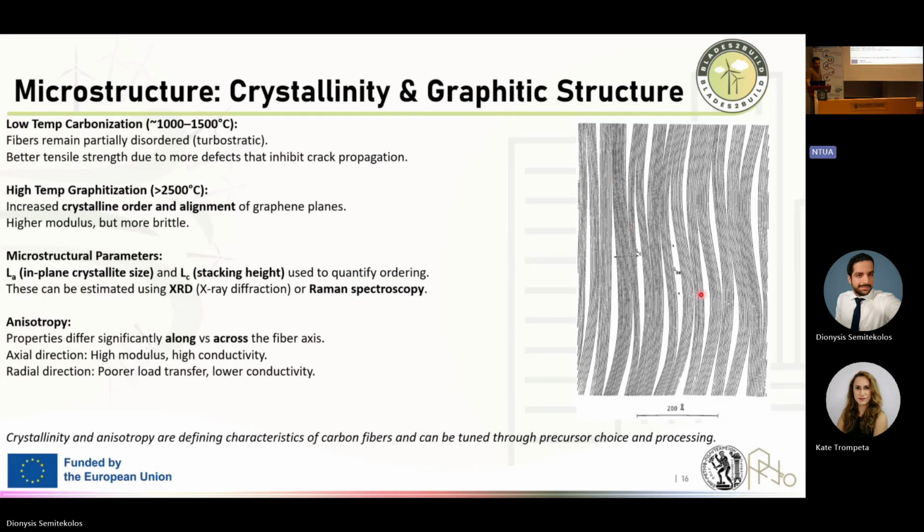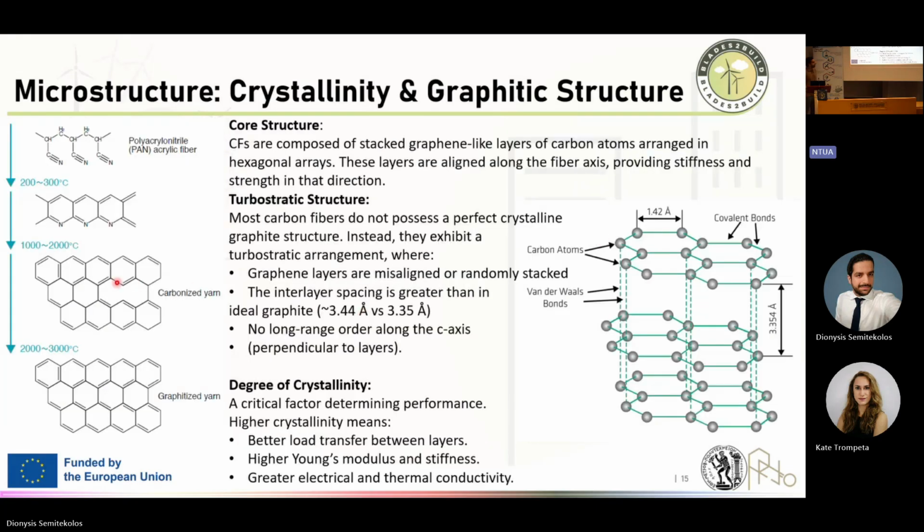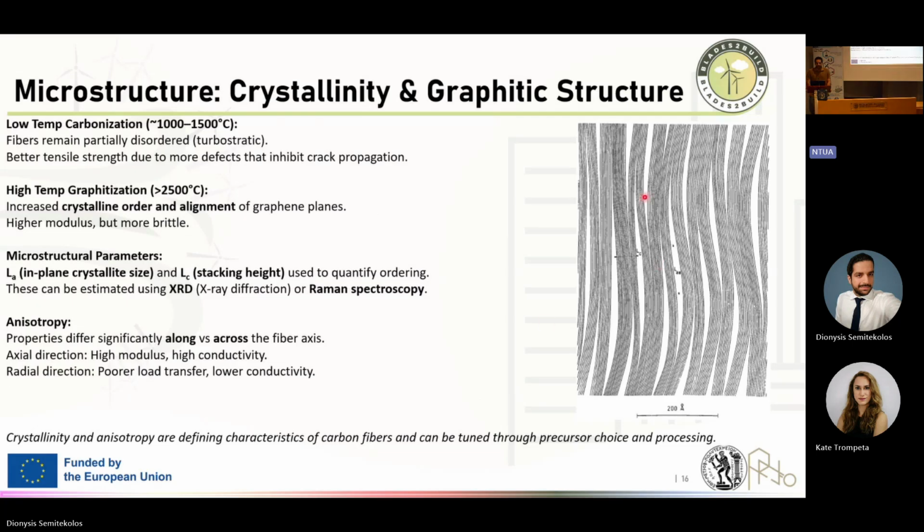So this wavy structure, with the graphitic structure but with defects, is what we call the turbostratic structure, because they don't exhibit a perfect crystalline graphitic structure. Graphene layers are misaligned or randomly stacked, like, for example, here you see, or here.